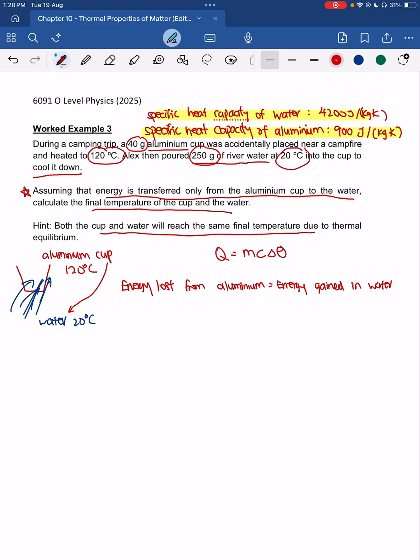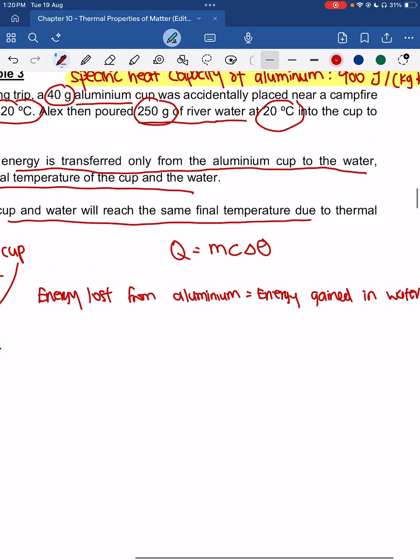Q equals m c delta theta. So what's Q? Q is the energy transfer. Either you gain energy or you lose energy. In this case, I'm going to apply them and denote two different subscripts. I'm going to use A to denote aluminium, so Q_A is equal to Q_W, where W represents water.